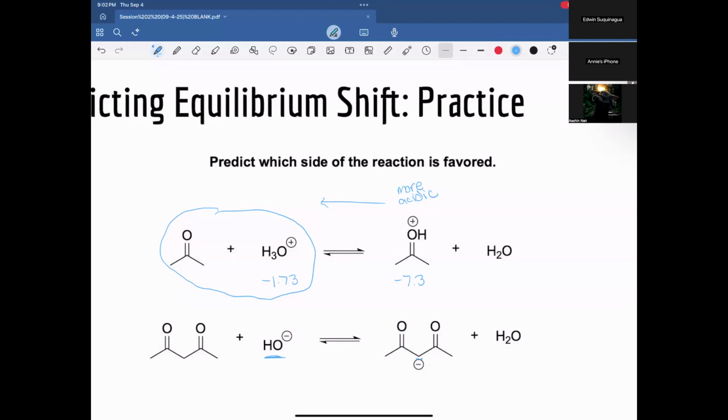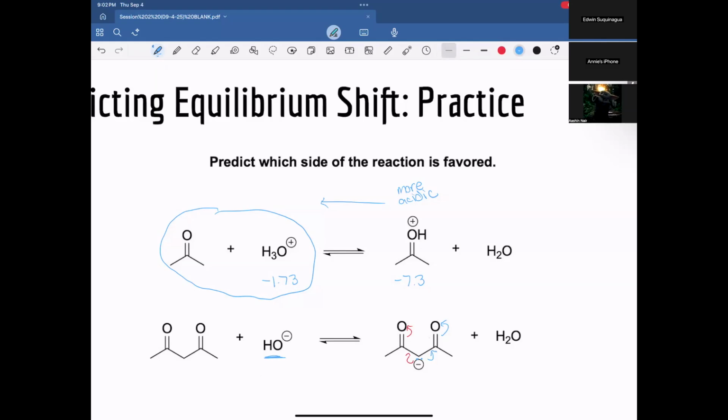But if we think about it, we can push our charge up onto one of these carbonyl groups, or we could push it up onto the other one. So we have multiple different structures that we can form, and we have our charge stabilized and moved around. We also have two of those structures that have our negative charge on oxygen, so that's going to be more stable than just having it on oxygen right away.